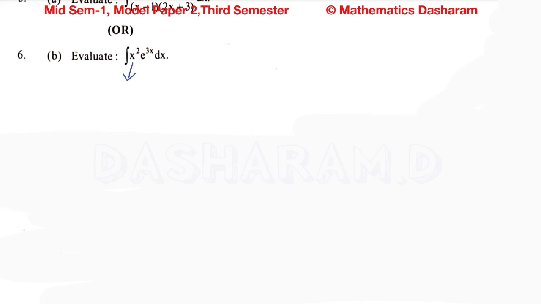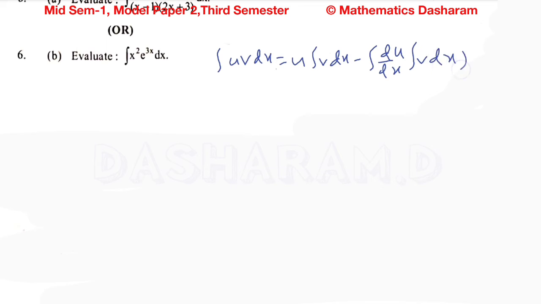So what is a suitable formula? Integration of u into v dx equals u into integration of v dx, minus integration of d by dx of u into integration of v dx, whole dx. Here, what is the u value? x square is the u value and v value is e power 3x.